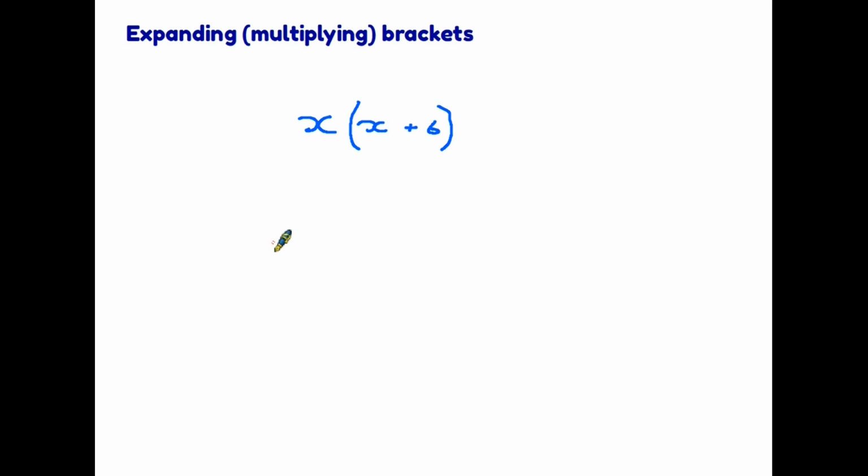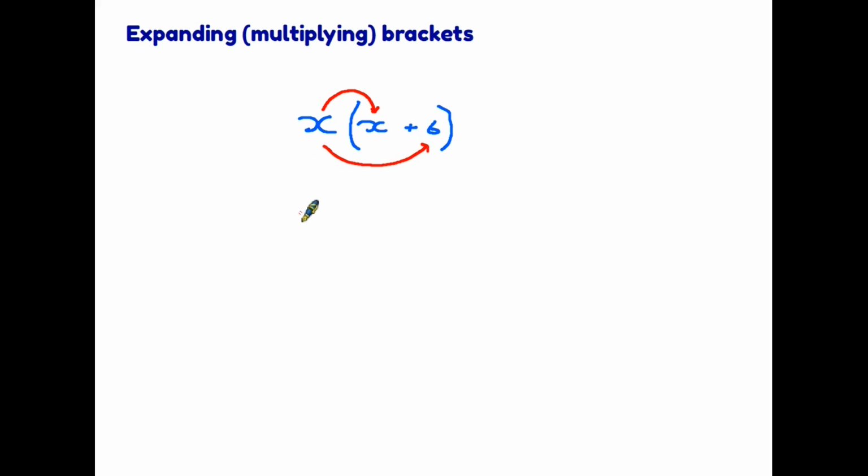Now let's have a look at what happens when there is a letter on the outside of the brackets rather than a number. So we are going to follow exactly the same rules. We have to multiply everything inside the bracket by what is outside. So in this case it's going to be x multiplied by the x and then the x multiplied by the 6.